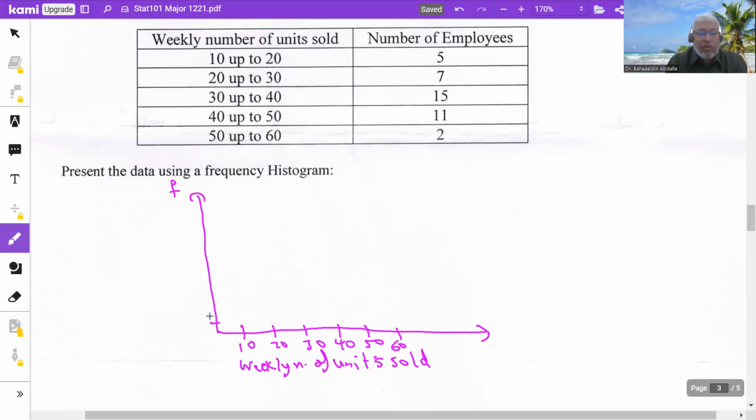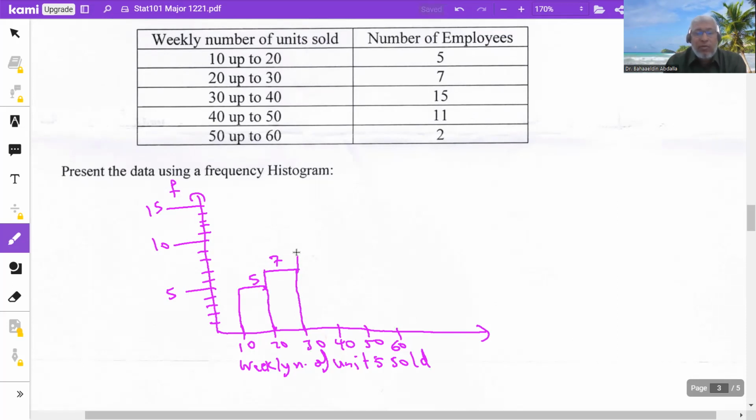So if this is 1, 2, 3, 4, 5, 6, 7, 8, 9, 10, 11, 12, 13, 14, 15, so this is 5, 10, 15. For the first interval, from 10 to 20, the frequency is 5, so we go up to 5. You can write 5 here if you like. And then up to 7, you can write 7 here.